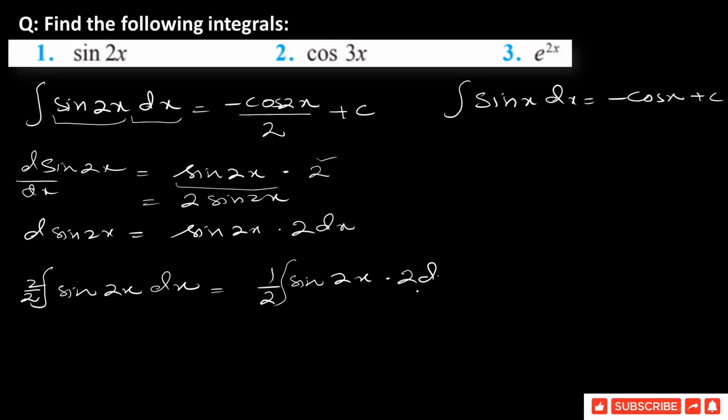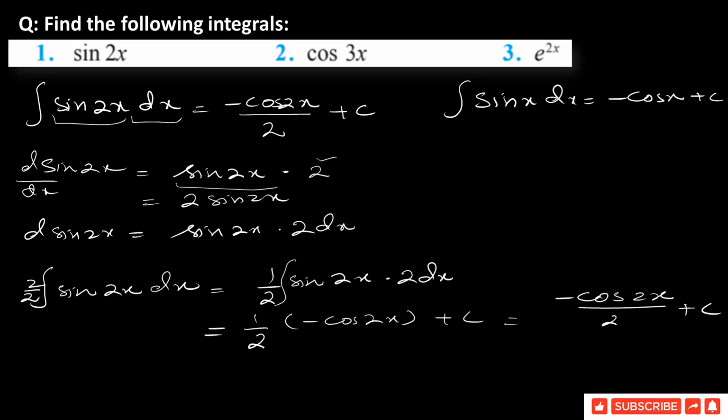Now we can apply this formula here. So it becomes 1 upon 2 times negative cos 2x plus c. We can rewrite it as negative cos 2x upon 2 plus c. This is the answer for question number 1.